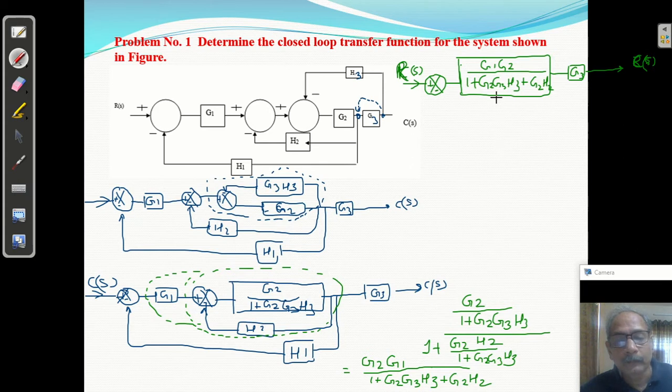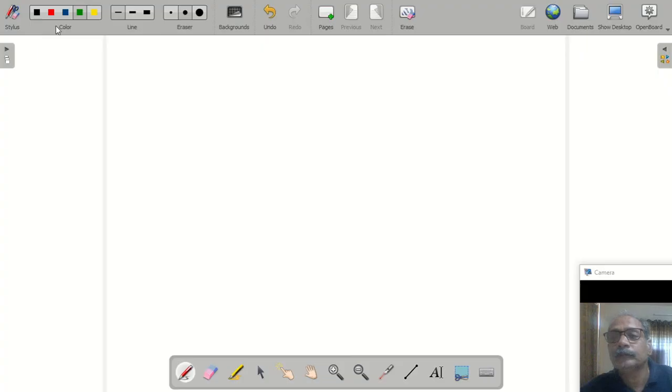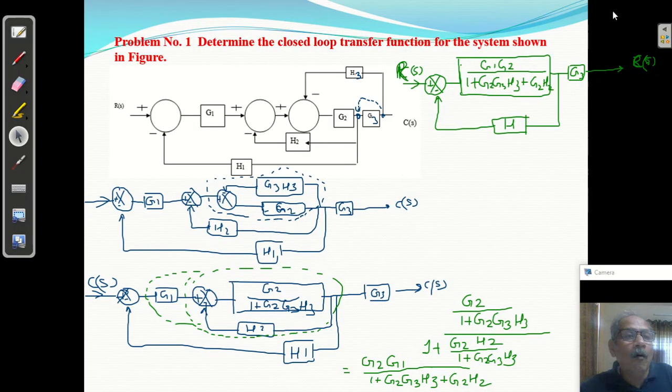Okay, and I have to take feedback from here. What is the feedback here? H1, and this is negative feedback. Now I am going to change the ink. Now you can say this is forming a closed loop with negative feedback, and with G3 it is forming a cascade.